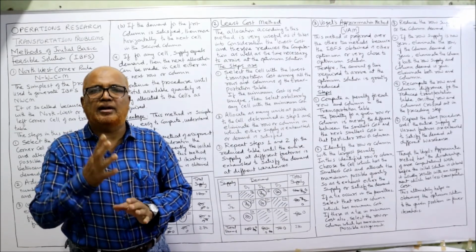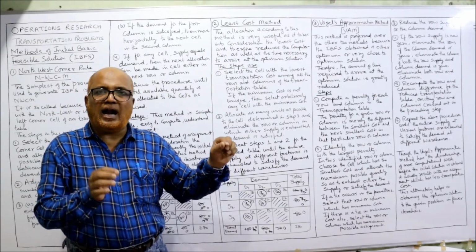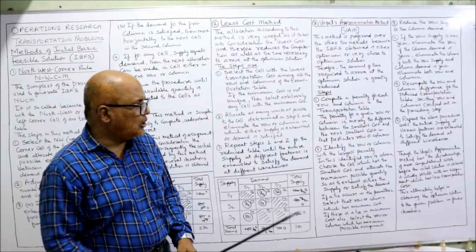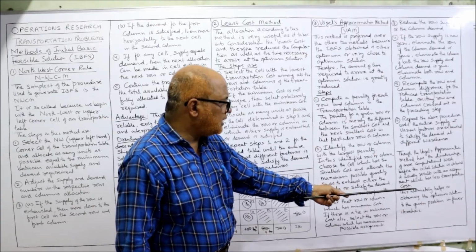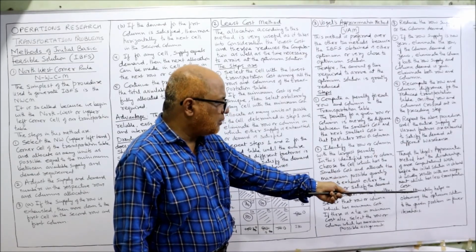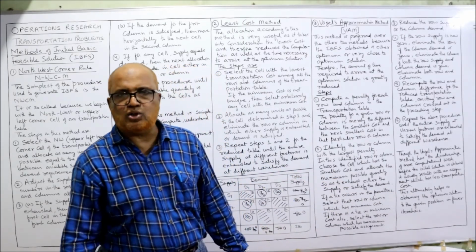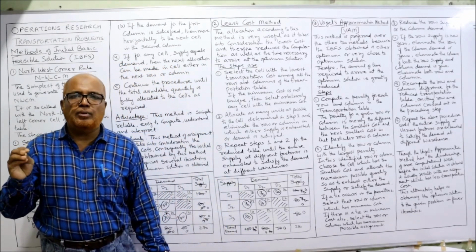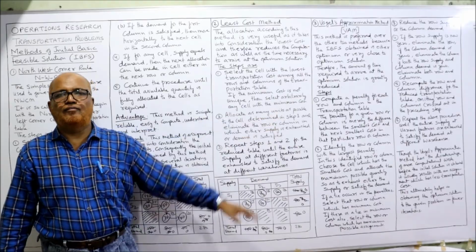Sometimes one more iteration is required. That is the advantage of VAM. Easily we can get the optimum solution. This ultimately helps in obtaining the optimum solution to the given problem in fewer iterations. Very few iterations are required to get the optimum solution if we follow VAM.